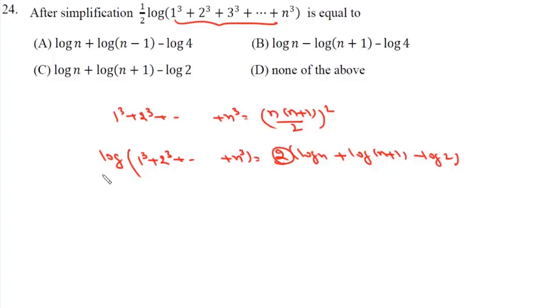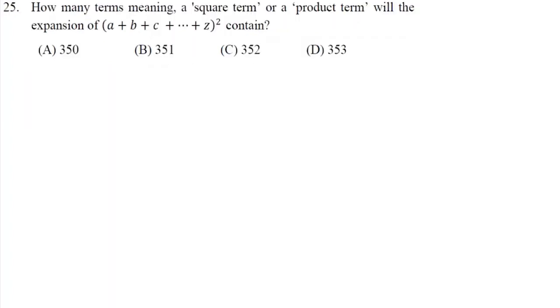Now we'll take this 2 on the left hand side. We have this expression, so this expression will be log n plus 1 minus log 2, and that will be our option C.